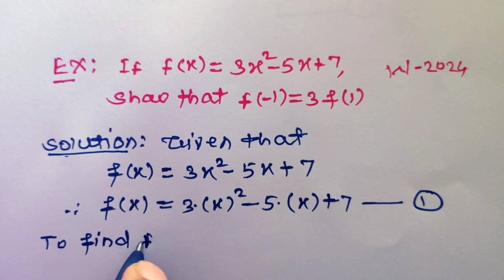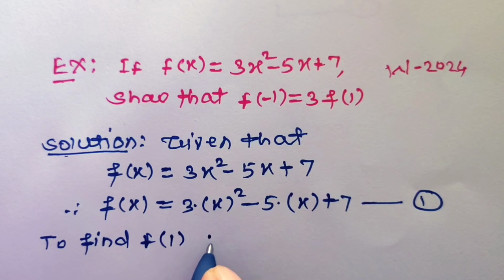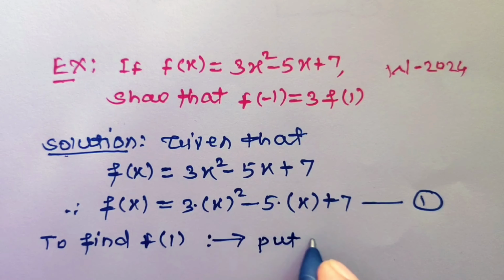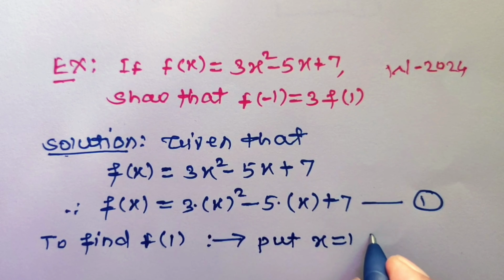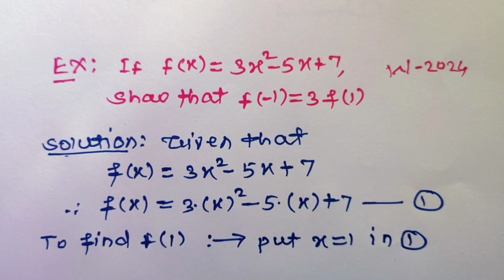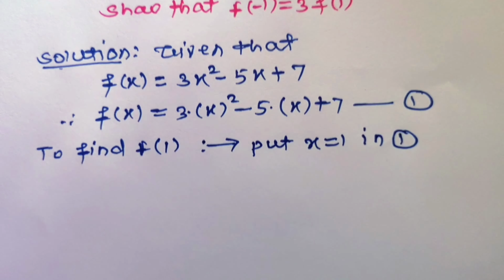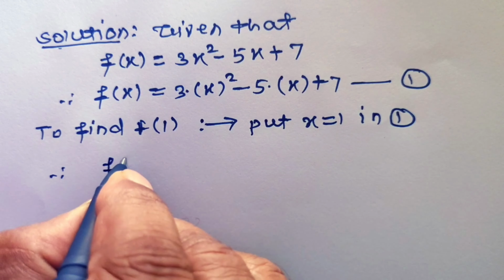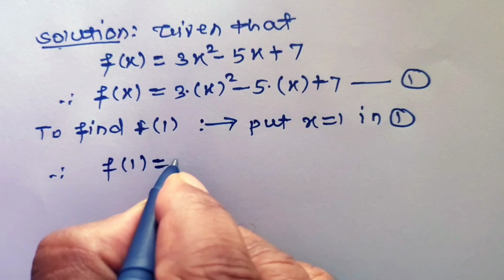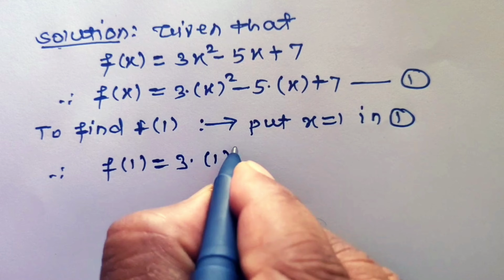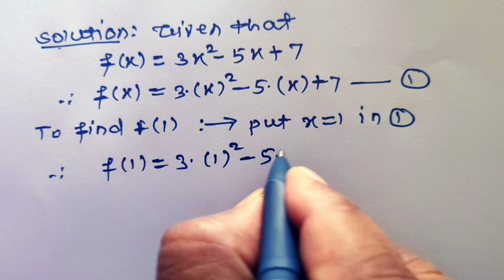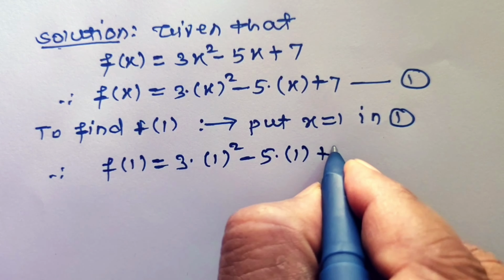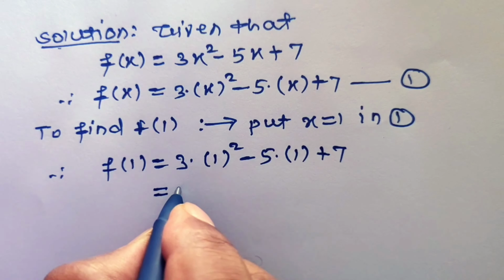Let us find f of 1. Hence, to find f of 1, we have to put x equal to 1 in equation 1, meaning replace x by 1 and write equation number 1. Hence, we can write f of 1 is equal to 3 into (1) its square minus 5 into (1) plus 7.